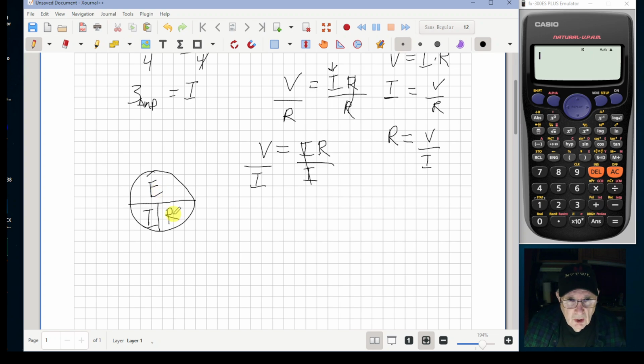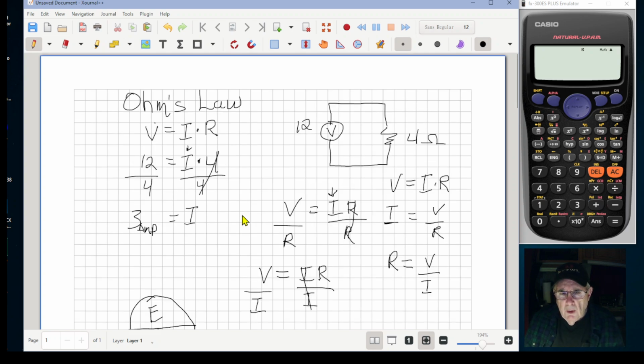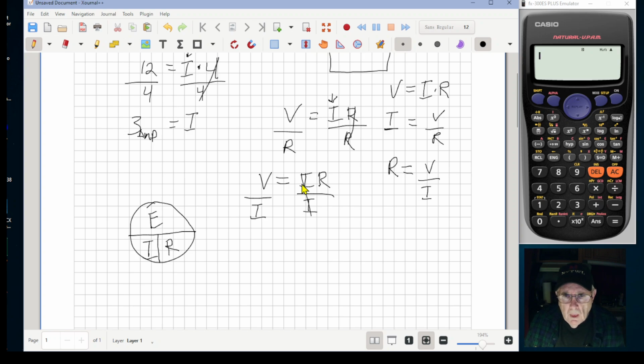Well, that's great as long as you can remember what order things go in the circle. It's much better if you can take the beginning equation, V is equal to IR, and know a little bit of algebra to be able to derive the other two. I can divide both sides by R, and I get what I equals. I can then write the equation again and divide both sides by I, and that gives me what R equals.